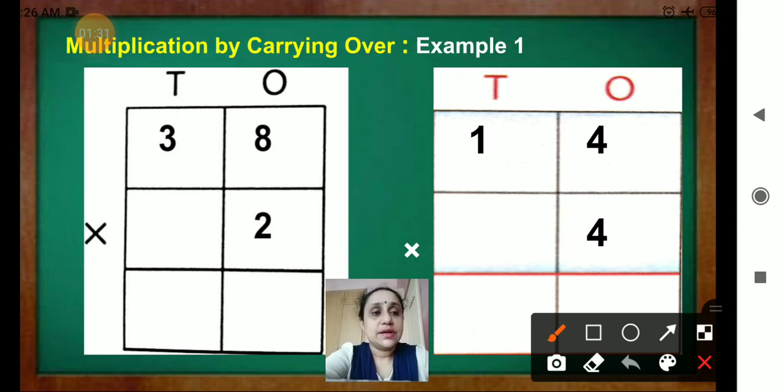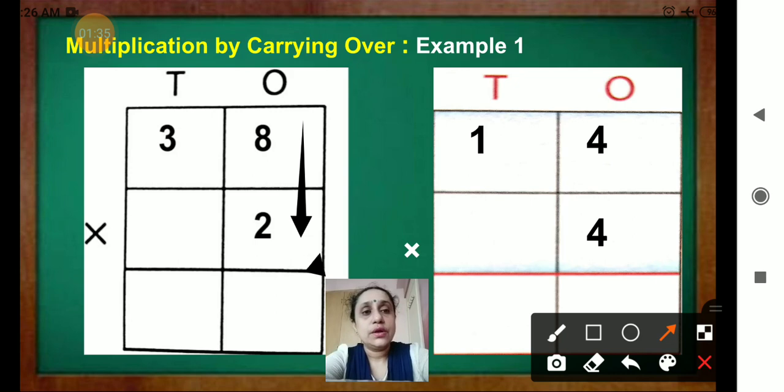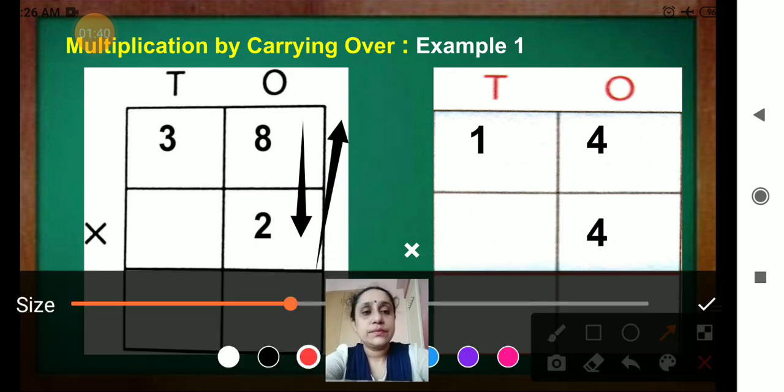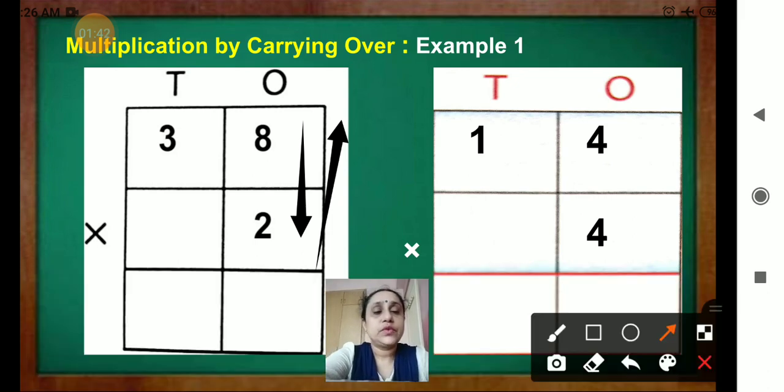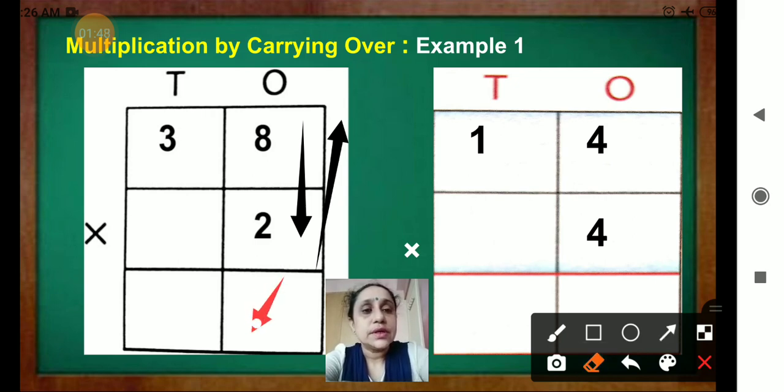8 twos are, you can do 8 twos or 2 eights. Okay? What is it? 16. So you have to write 6 here.